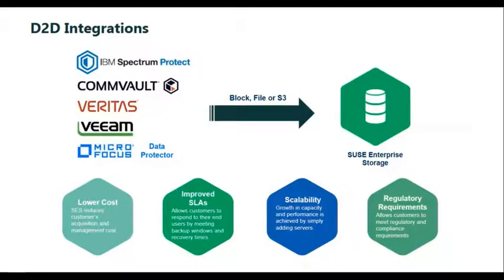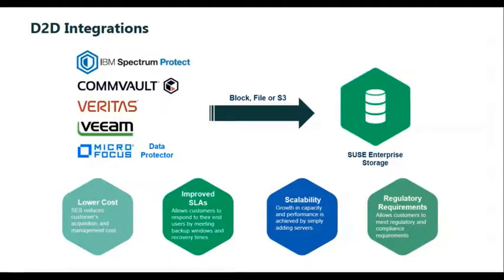That's the simplicity. When a customer goes for it, he's immediately able to lower the cost that he's incurring on his tier 3 and archival storage. He's able to get improved SLAs as compared to his tape architecture because he has all his backup data always available for quick restores. He is not restricted in terms of scalability.